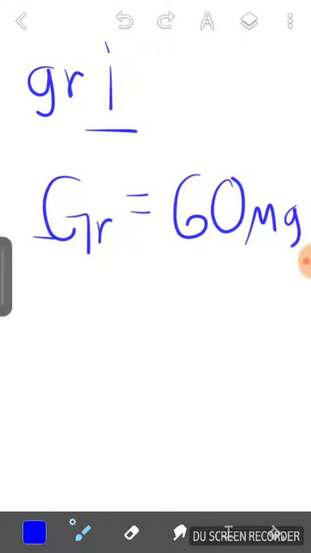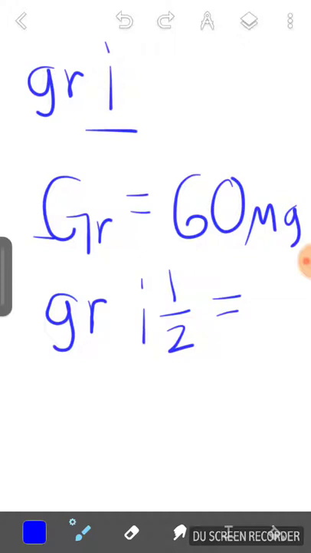All right. So what if you saw written as grain 1/2, like this? Give you a minute to think about it.